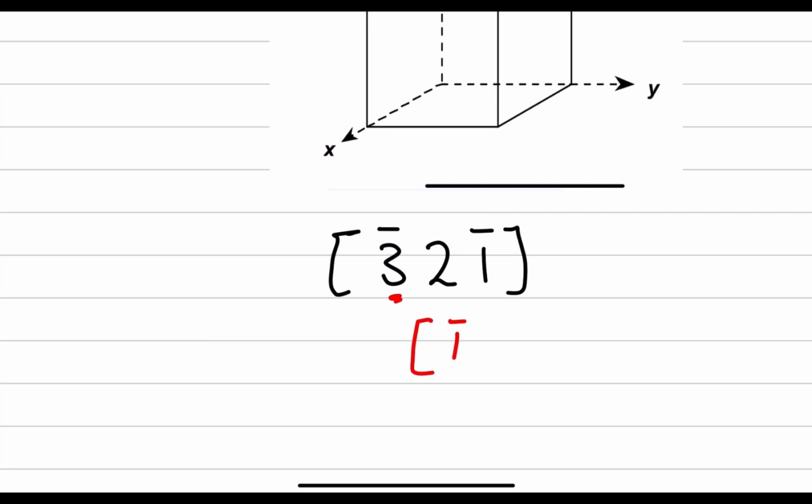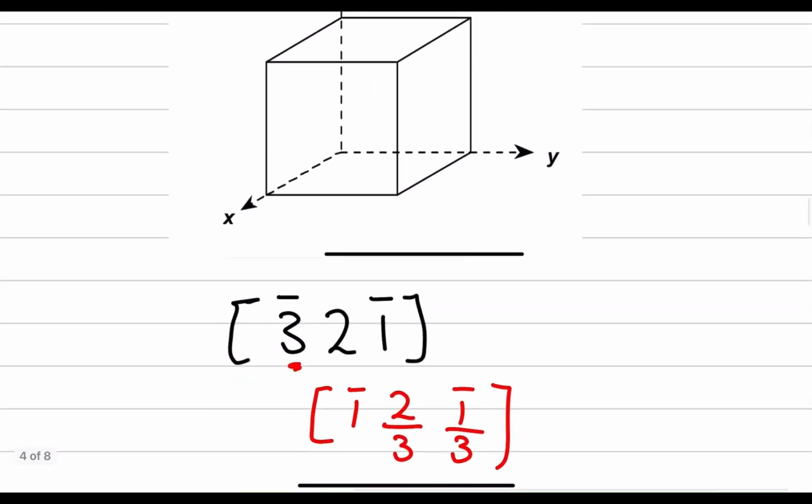We divide by 3, only the positive, because otherwise it will change the direction. So here we will have minus 1, and we divide 2 by 3 to get 2 over 3, and we divide 1 by 3 and have minus 1 over 3.